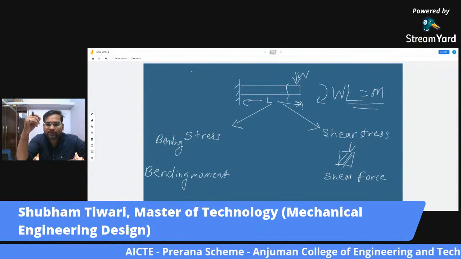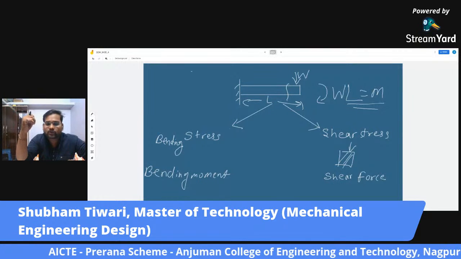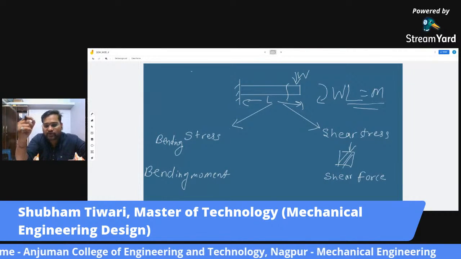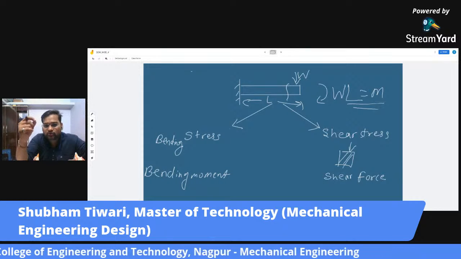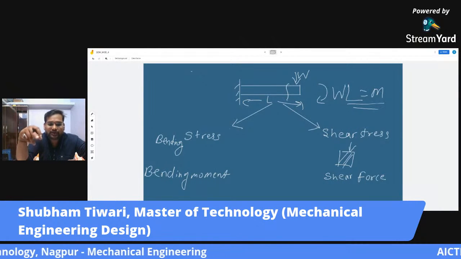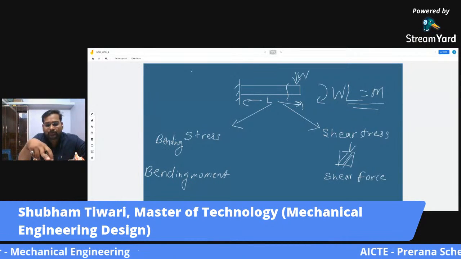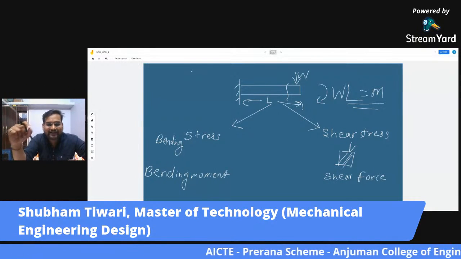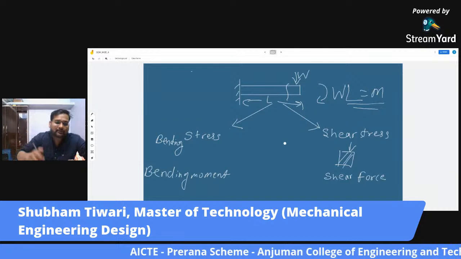We go for stress analysis and load analysis, and the magnitude of load and bending moment imparted on the beam at each and every section can be known exactly with the help of SFD and BMD.